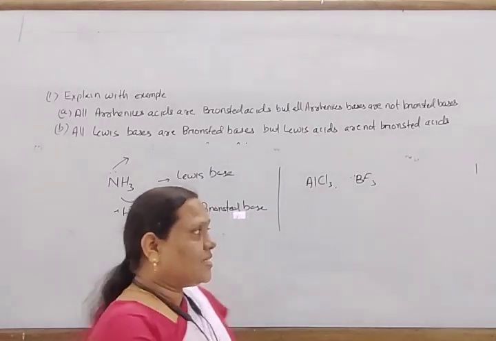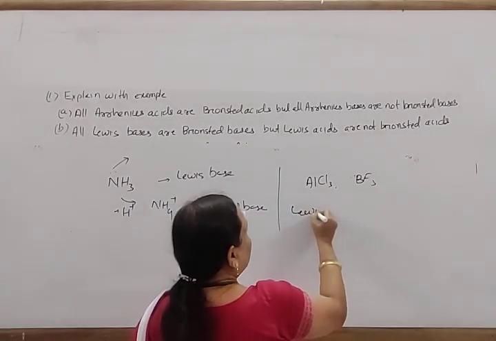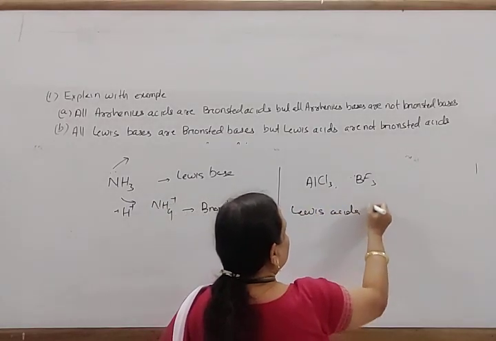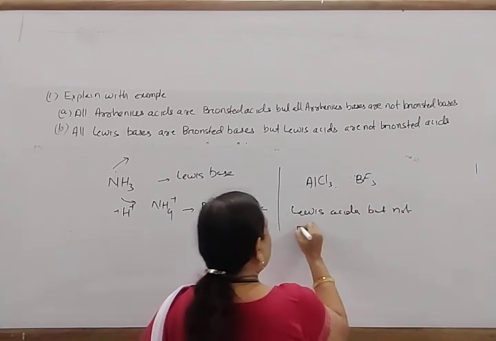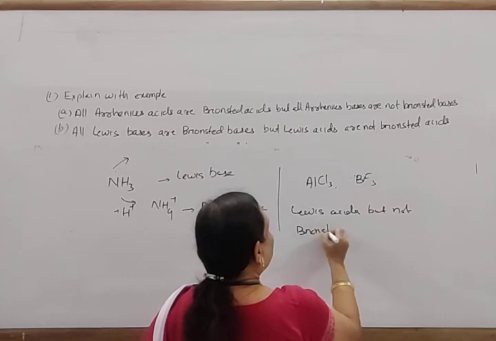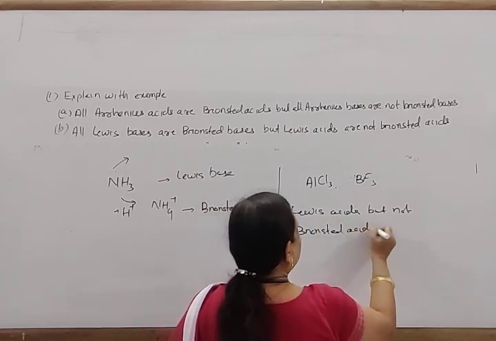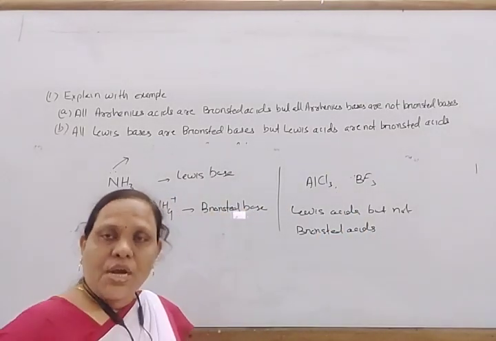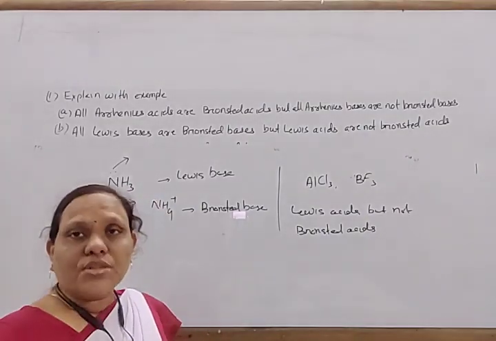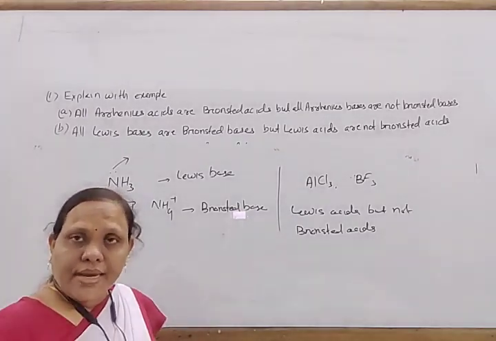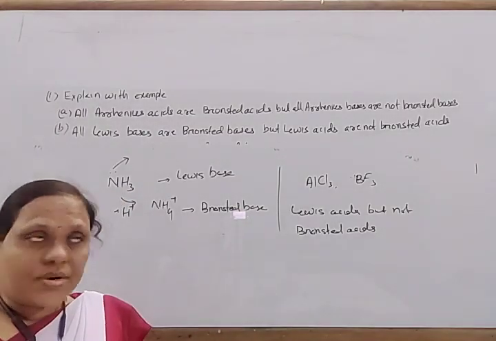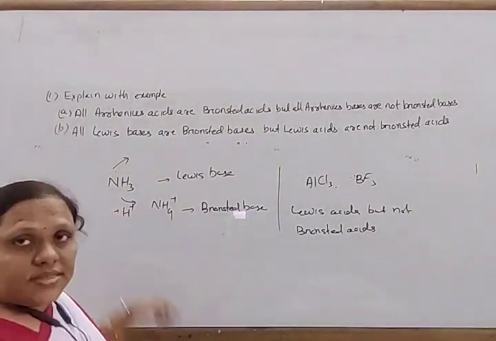These are Lewis acids, but not Bronsted acids. They have the tendency to receive a pair of electrons, but they have no tendency to give H plus ion. Okay. And now I think you are clear about these two concepts.